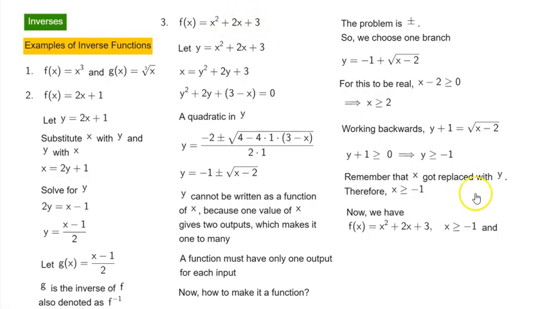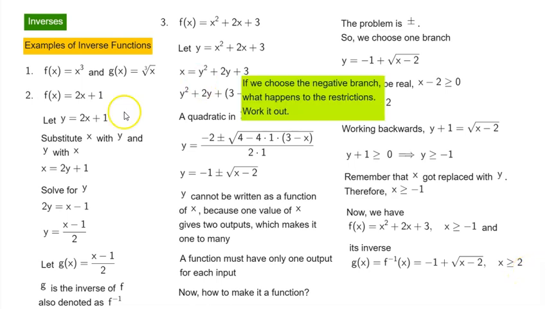And on this function, we are putting the restriction that x is greater than or equal to minus 1. And its inverse, that is g of x, which is also written as f inverse of x, is equal to minus 1 plus square root of x minus 2 with the restricted domain of x greater than or equal to 2.